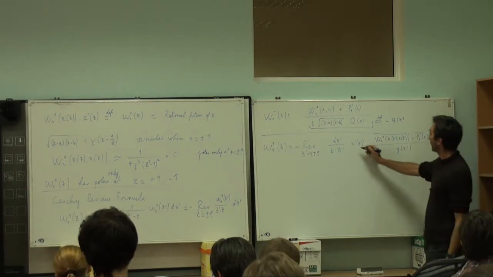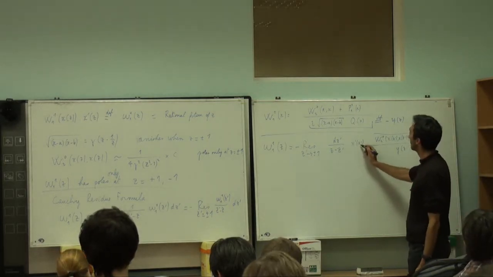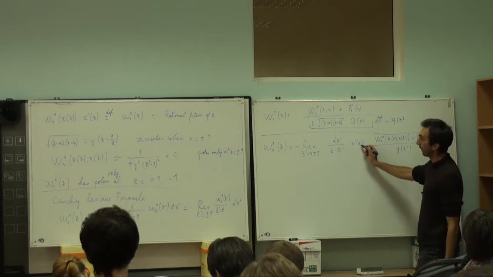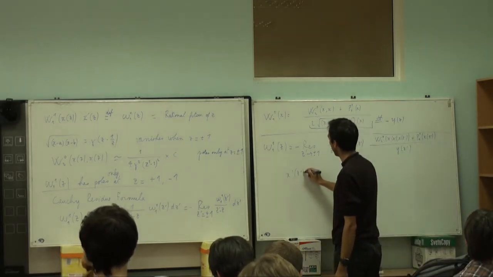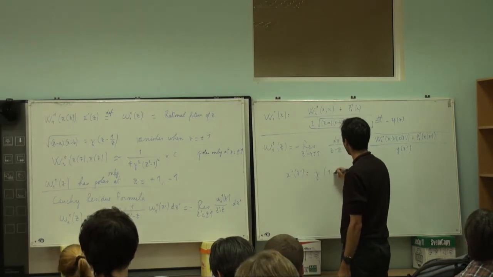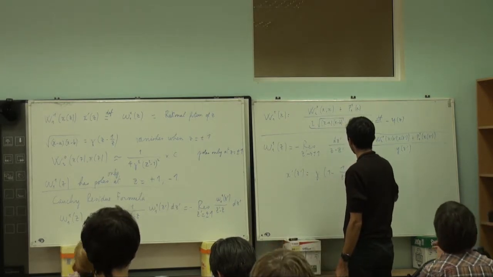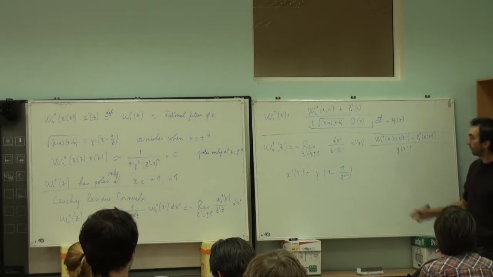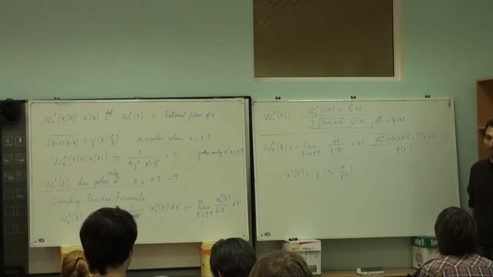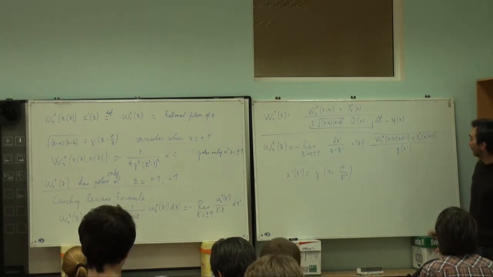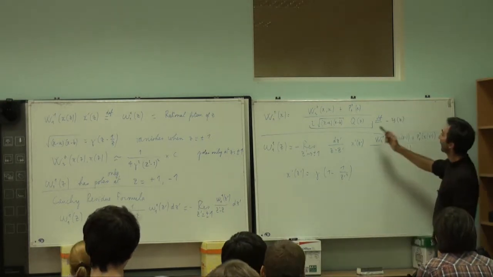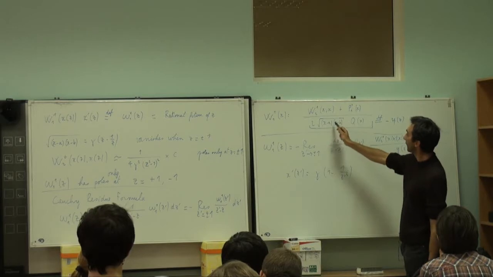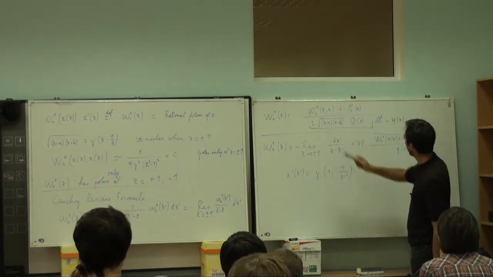Now observe that this quantity vanishes at z prime equals plus or minus 1, because x prime of z prime equals gamma times 1 minus 1 over z prime squared, just the derivative of z prime plus 1 over z prime. So this vanishes when z prime equals plus or minus 1. y also vanishes when z prime equals plus or minus 1.